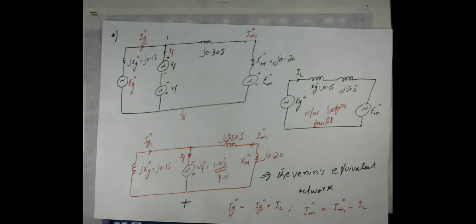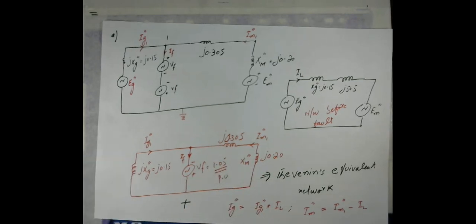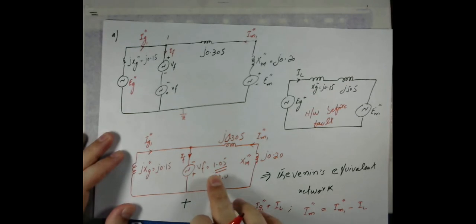Since the generator is running at 5% above the rated value, in per unit it is 1.05, because 0.05 is the 5% and 1 is the case when the generator runs at the rated value. So VF, the voltage at the fault, will be equal to 1.05 per unit.